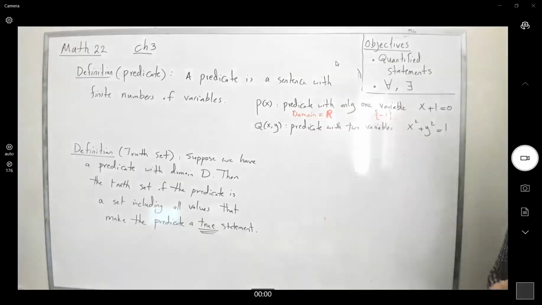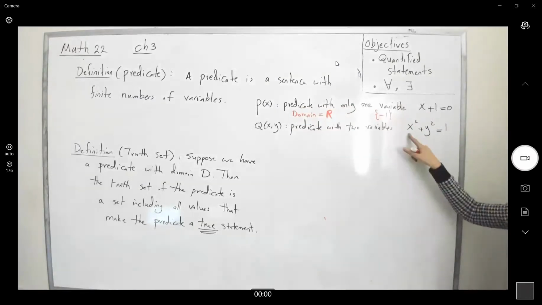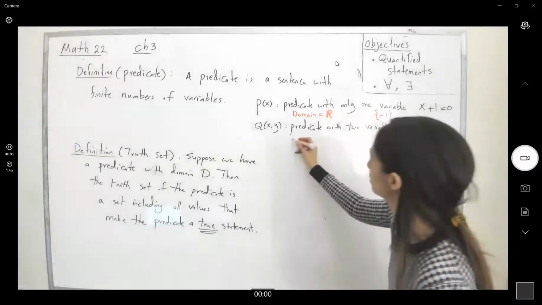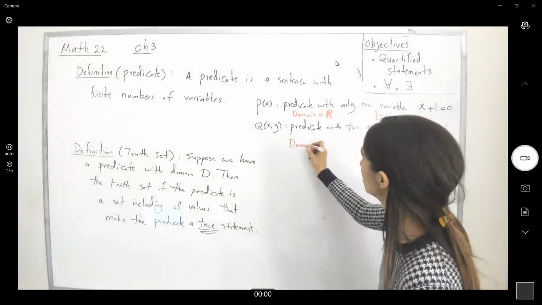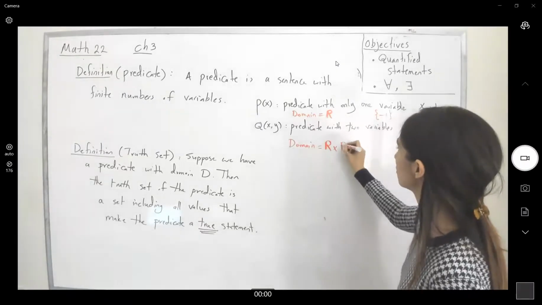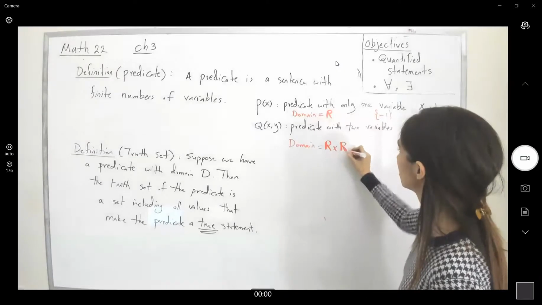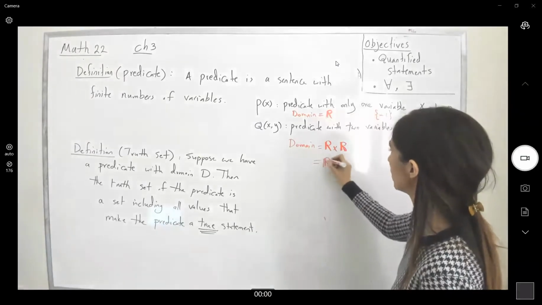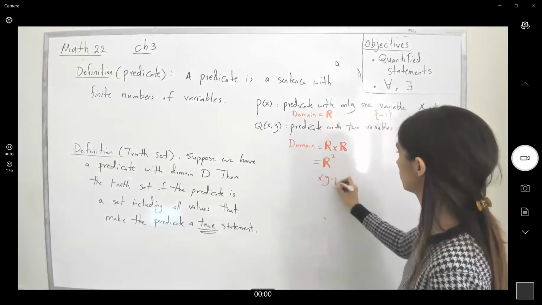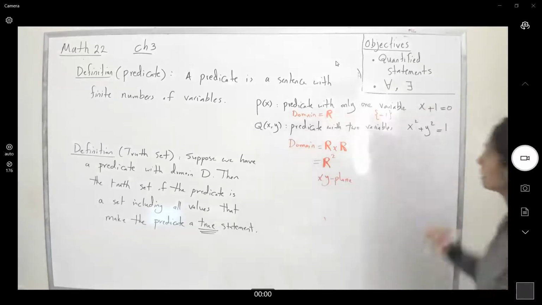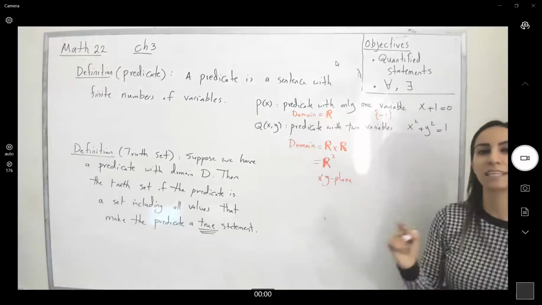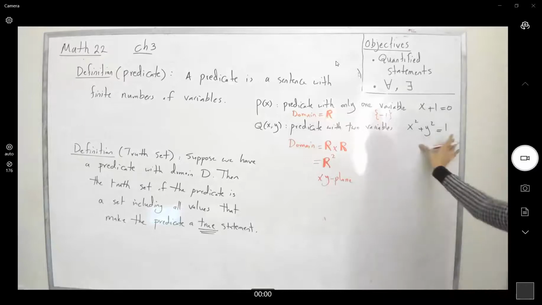What about the second predicate? What values satisfy this equation? The domain is R Cartesian product with R, or your XY plane. But what is the truth set? All values that satisfy this equation.